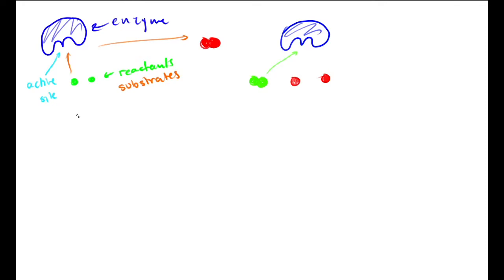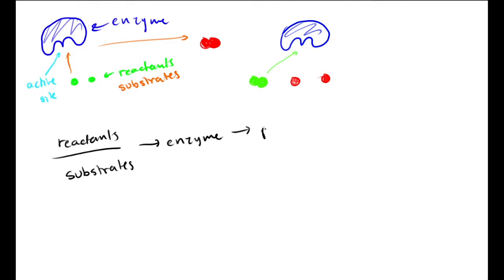So we can really sum down the basics of enzymatic reactions as this: reactants, also known as substrates, go into the enzyme and come out as products in these two ways that we see here.